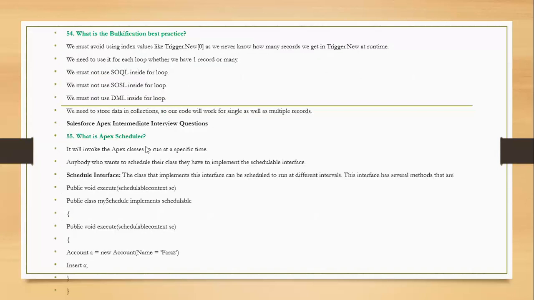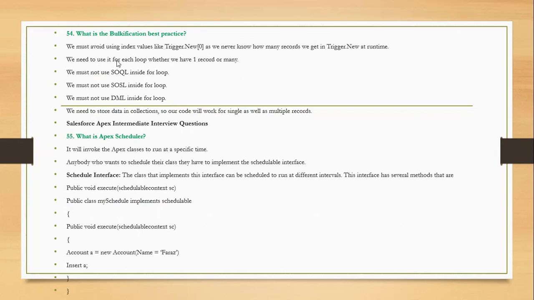Next question. What are the bulk application best practices? We must avoid using the standard index value like Trigger.new[0], as we never know how many records we get in Trigger.new at runtime.